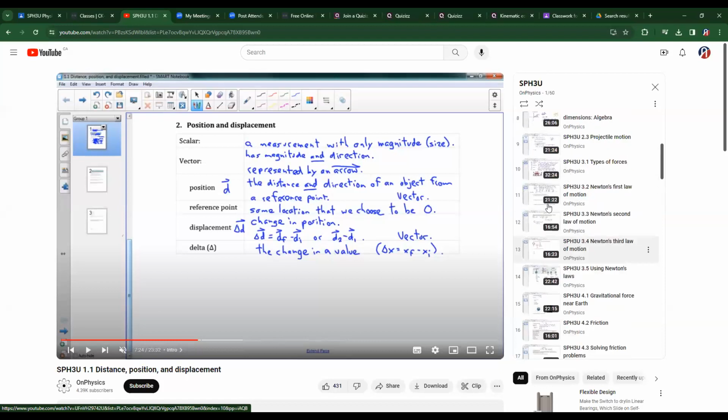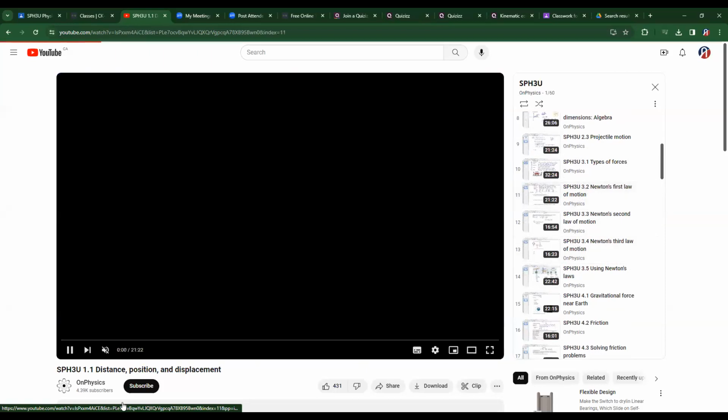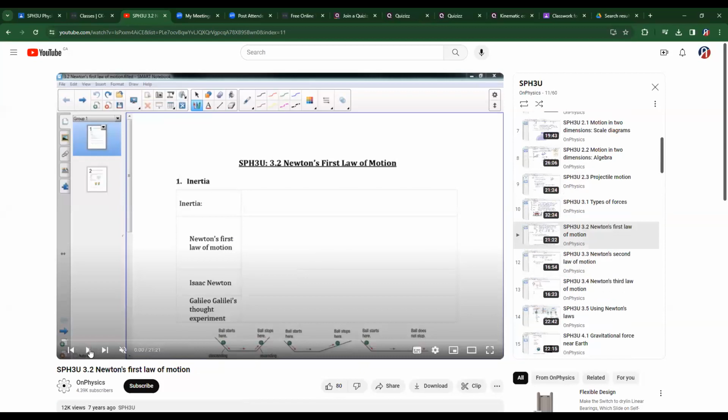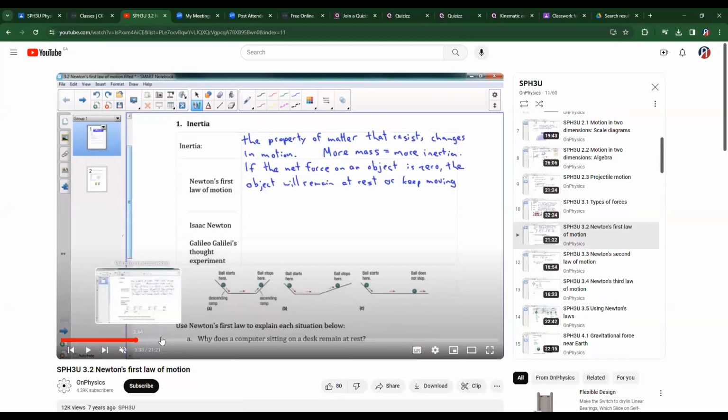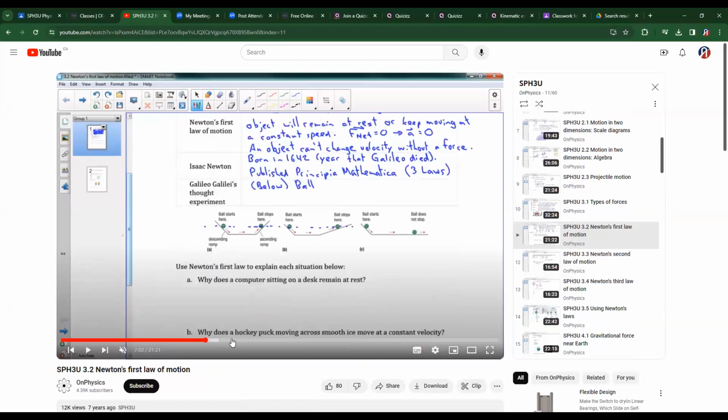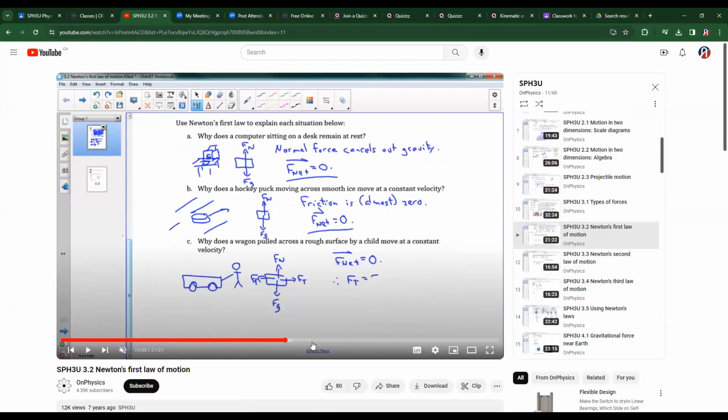In Newton's first law, the key idea is when an object is at rest, it will continue to be at rest. When an object is in motion, it will continue to be in motion unless some force acts on it. Okay, so you will be able to go through this stuff. Newton's first and second law, then the free body diagram.